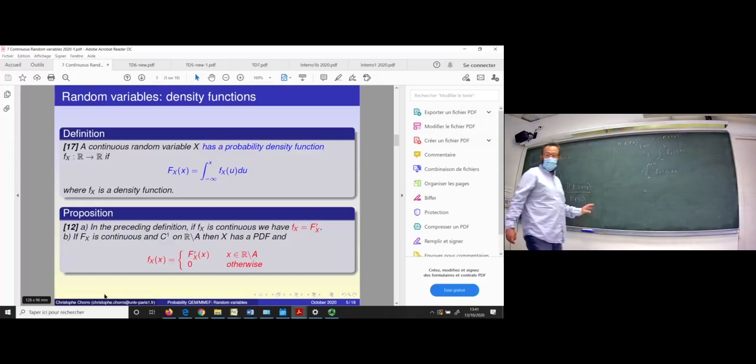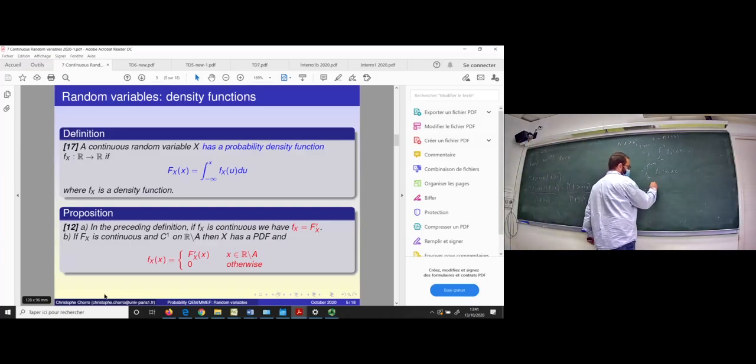For the moment, I need to use the fact that I have an exponential. My z is positive, so I have something that is a subset of R plus. On this subset, the density is given by lambda exponential minus lambda x, because I check the condition for the indicator function.